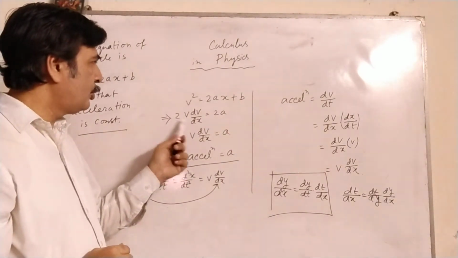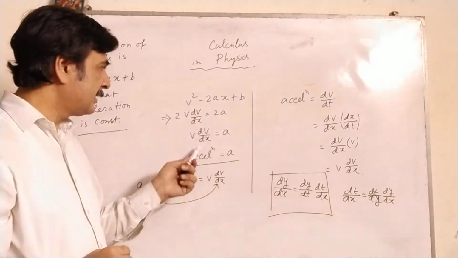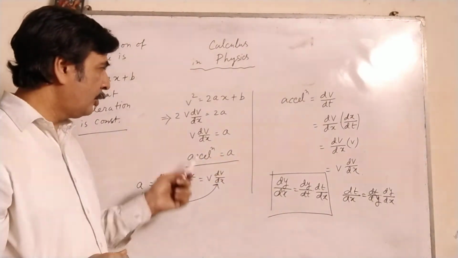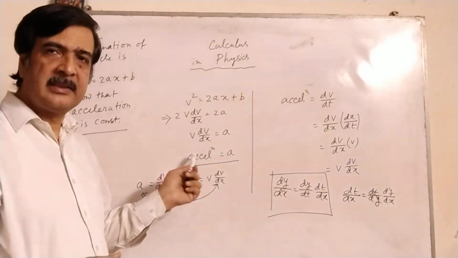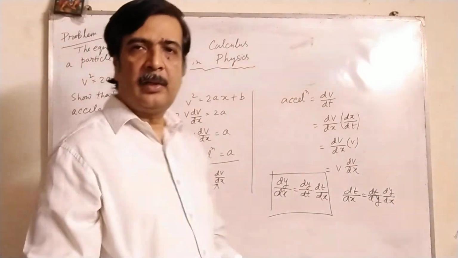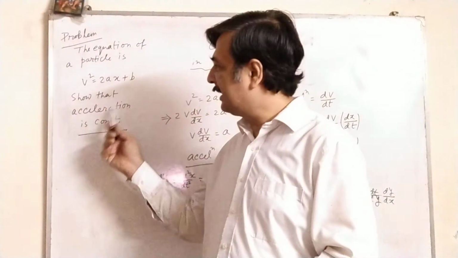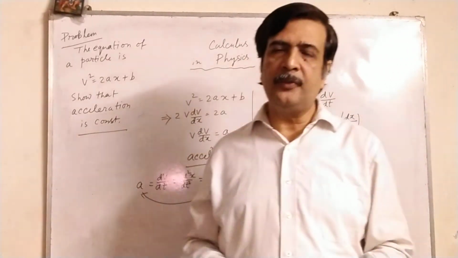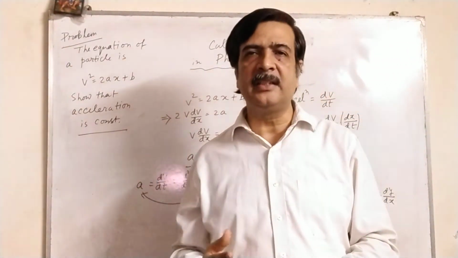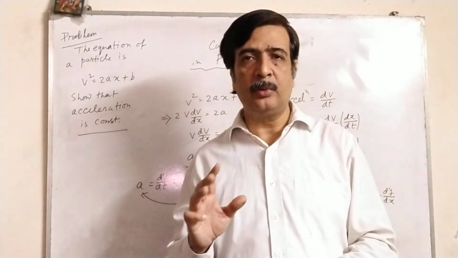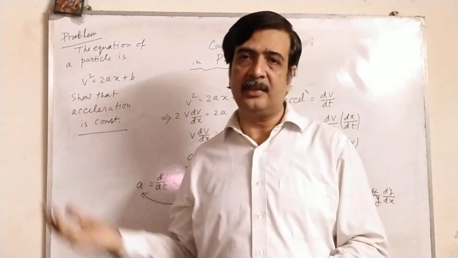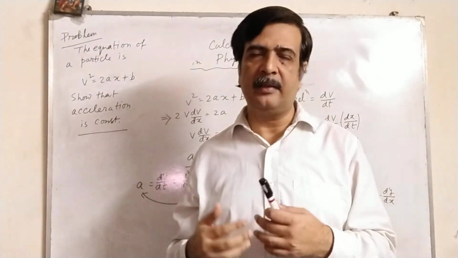So 2 cancels from both sides, and it is coming v dv/dx is equal to a. So v dv/dx is acceleration, so acceleration is a. Now I was asked to show that acceleration is constant. So acceleration is constant. If you know the process, it is very simple, but you have to remember. Otherwise, if you differentiate both the sides, it will be very cumbersome and complicated.